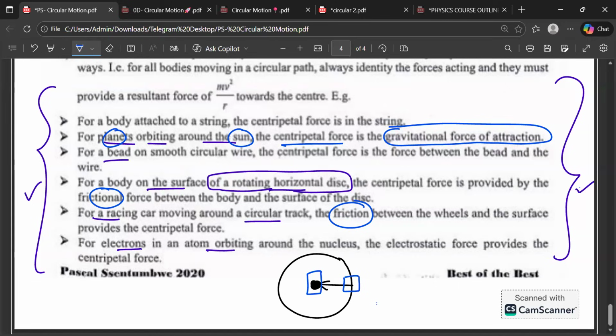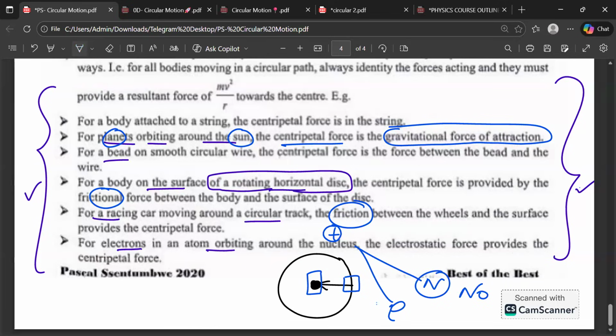So remember, the nucleus is positively charged. You know that from chemistry. Remember, the nucleus has two things: protons and what? Neutrons. These neutrons have no charge, but protons have a positive charge. And what is revolving around the nucleus are electrons. Electrons have a negative charge. That means the nucleus is positively charged.